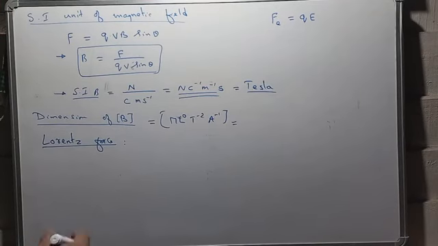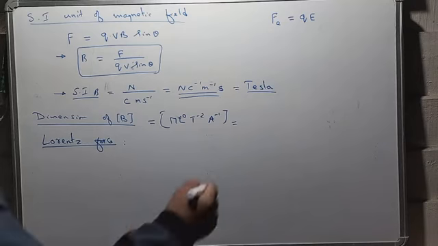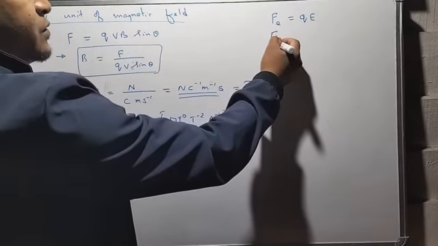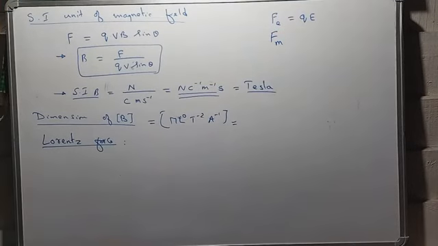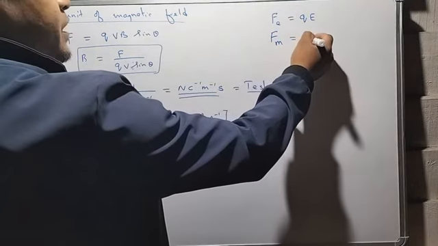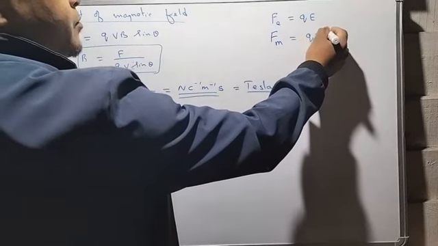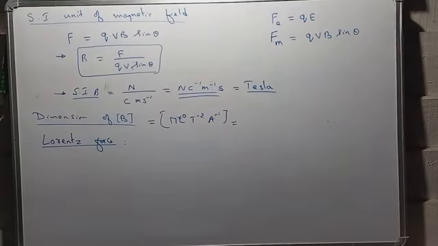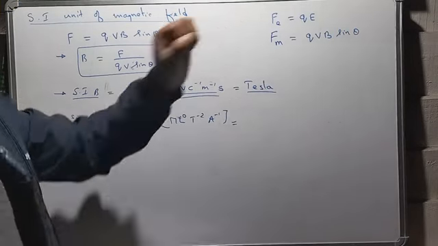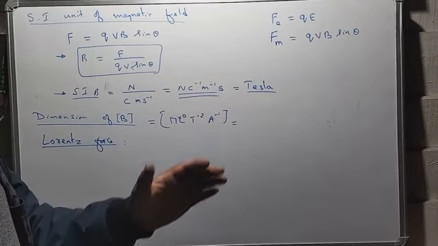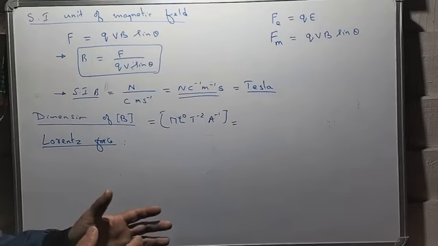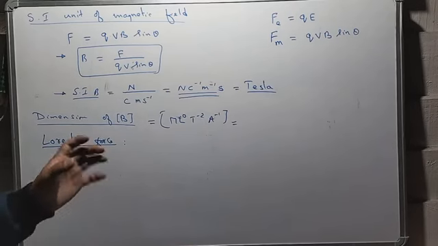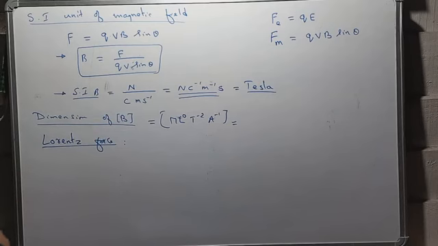Similarly, when a charge is moving in a magnetic field, the charge experiences a magnetic force, which we write as Fm, and that magnetic force is QVB sine theta. So when a charge is moving in a region where there are both electric and magnetic fields, the total force experienced by the charge is known as the Lorentz force.